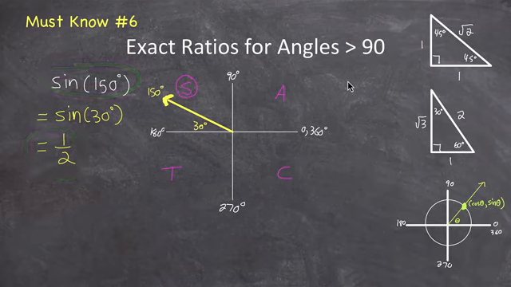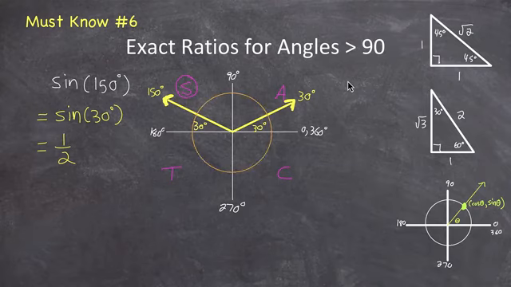Let me take a second and explain to you why sine of 150 is equal to sine of 30. If I were to draw a principal angle of 30 degrees, that would mean rotate 30 degrees counterclockwise from the positive x, and that will land you in quadrant number 1. The reference angle is 30 degrees, and if we look at the points where those terminal arms intersect the unit circle, notice that they have the exact same y-coordinate.